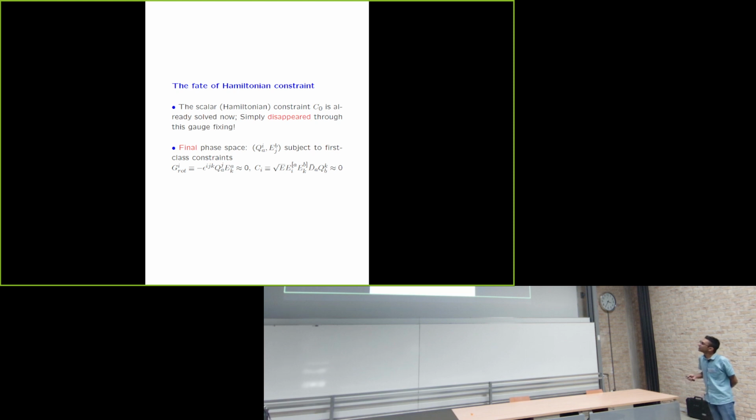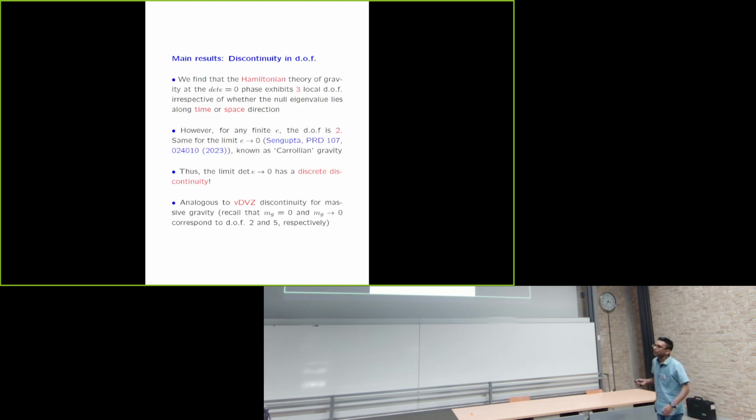So with this, the scalar or Hamiltonian constraint is already solved, and that has simply disappeared through this torsional gauge fixing. And the final phase space, which has the coordinates q and momenta e, which are essentially densitized triads, is subject to the first class constraints, which are just the rotation and the space diffeomorphism. Boost has gone away because we have fixed the time gauge.